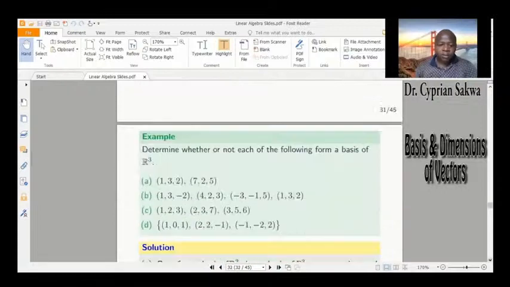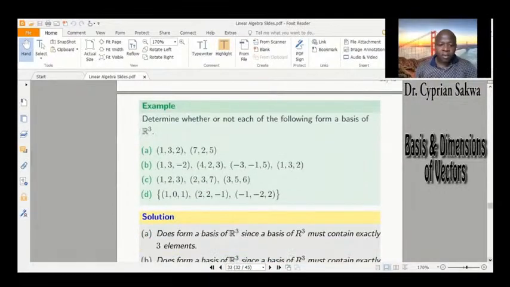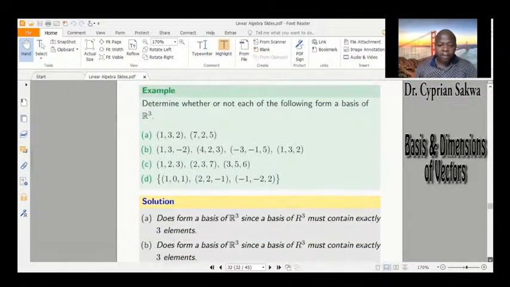Let's look at this example. Determine whether or not each of the following forms a basis of R3. So I want to see whether A, B, C and D would each form a basis of R3.